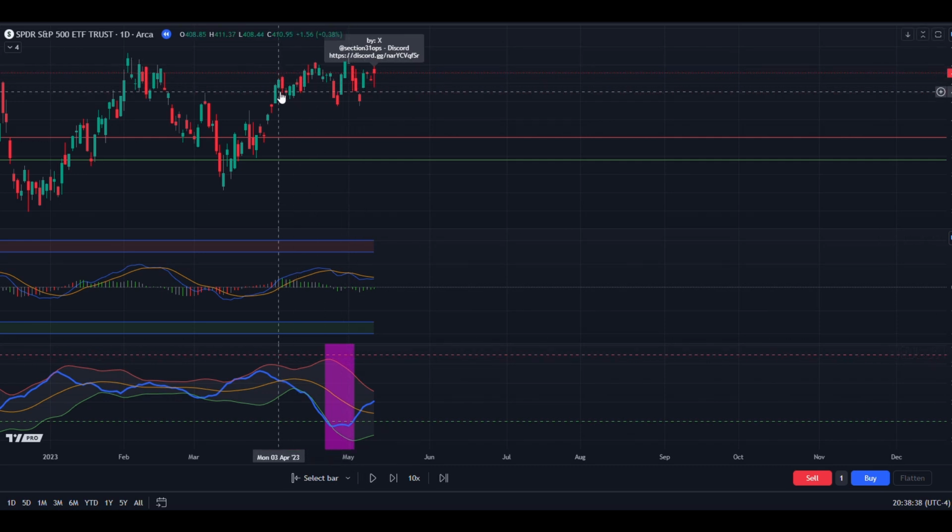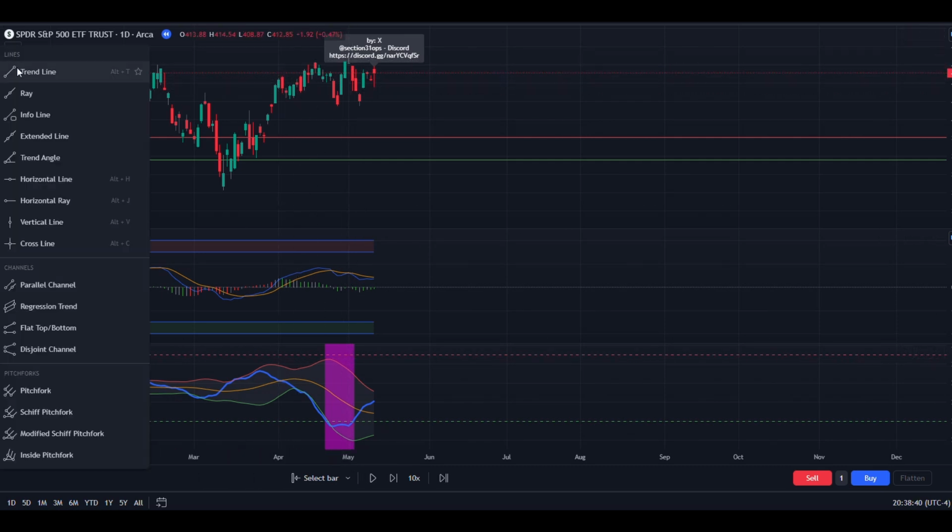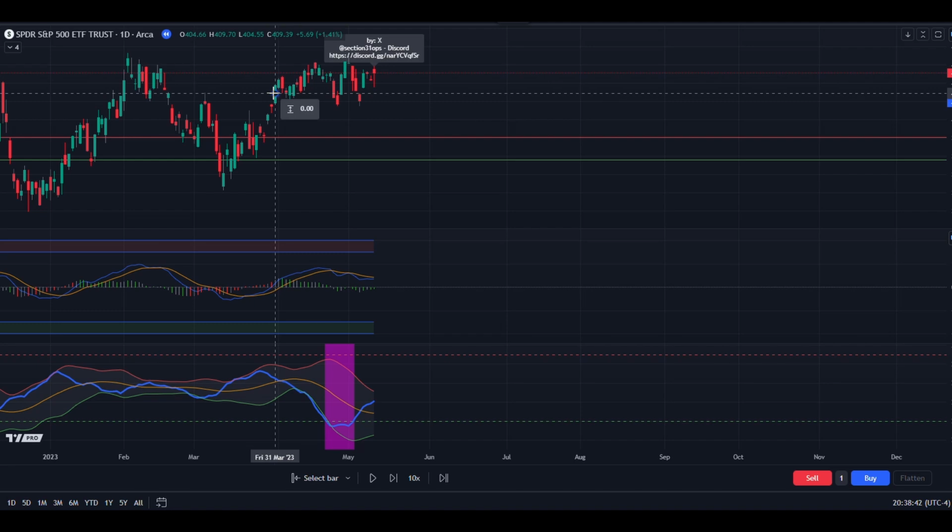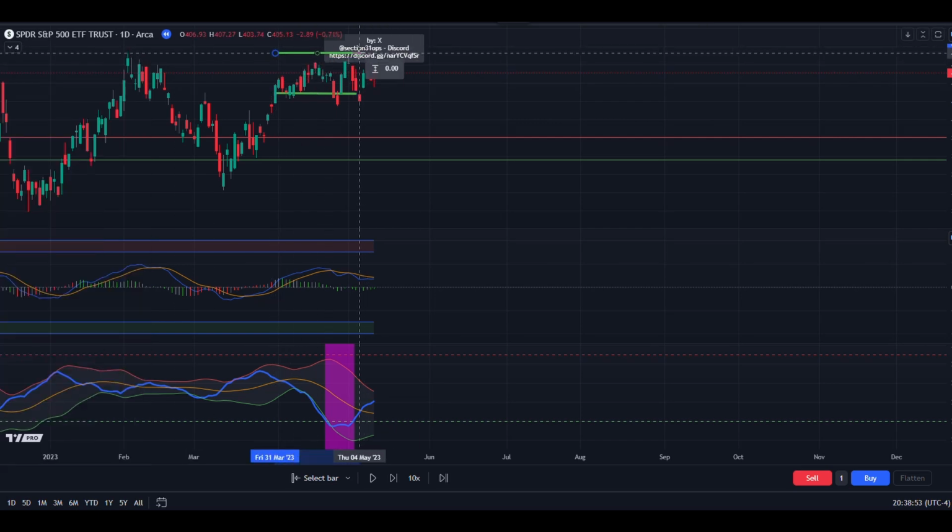All right, so if we go back here and say, generally speaking, we were trading inside of a range, probably starting somewhere roughly in here. Ooh, what's going to happen?